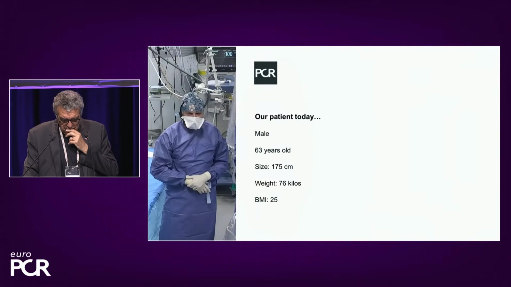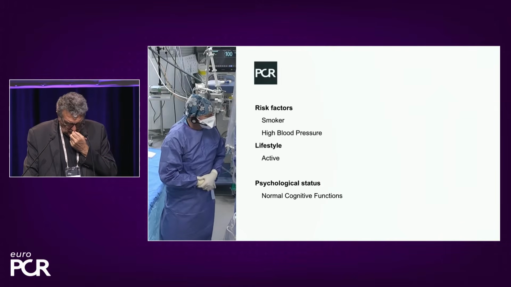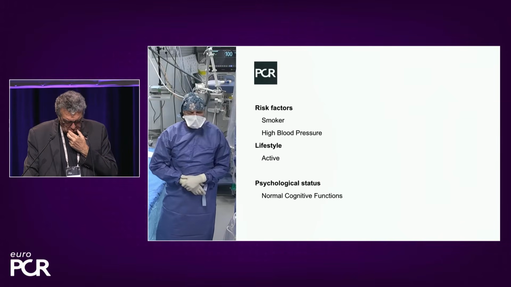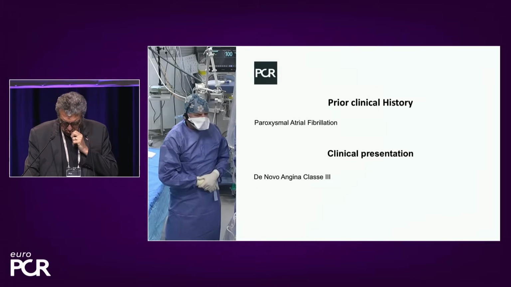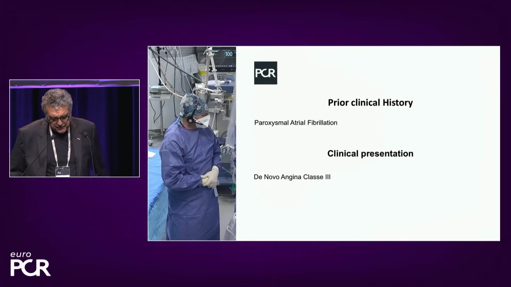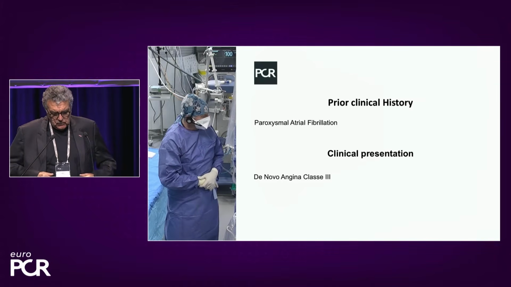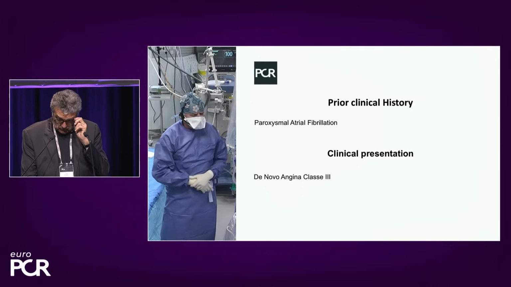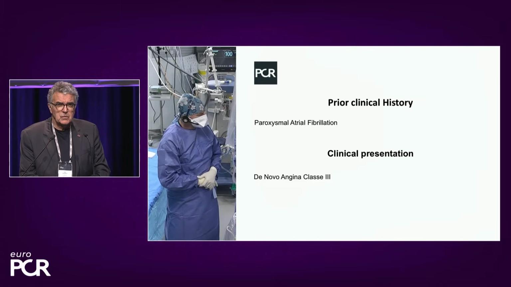It's a quite young patient, 63 years old. He is a smoker and is treated for high blood pressure. He has a previous episode of paroxysmal atrial fibrillation and developed recently some de novo angina class 2.